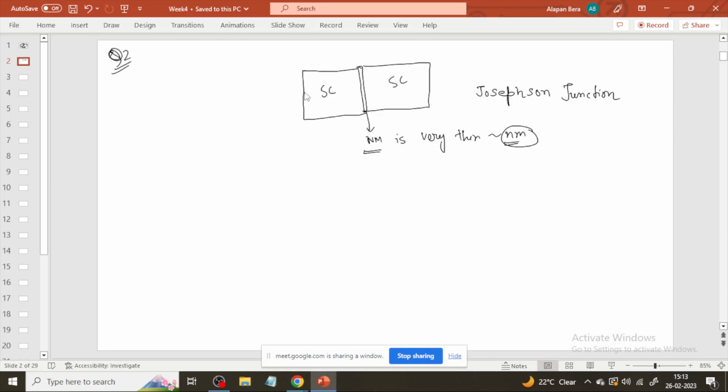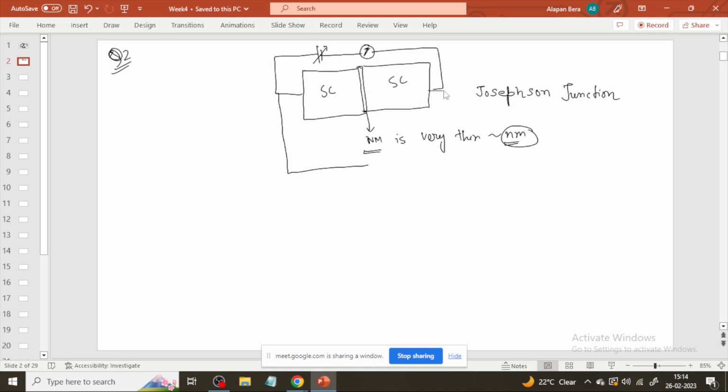So now let's say we want to do the same measurement, basically the two-prong measurement, on this Josephson junction. We want to apply a voltage, and also measure a voltage around this, and see as a function of this voltage how much voltage appears across this region.